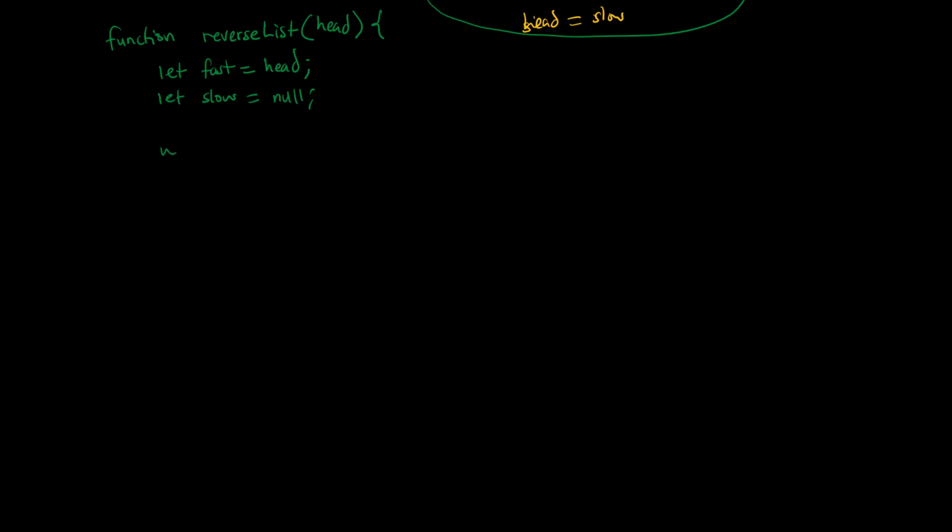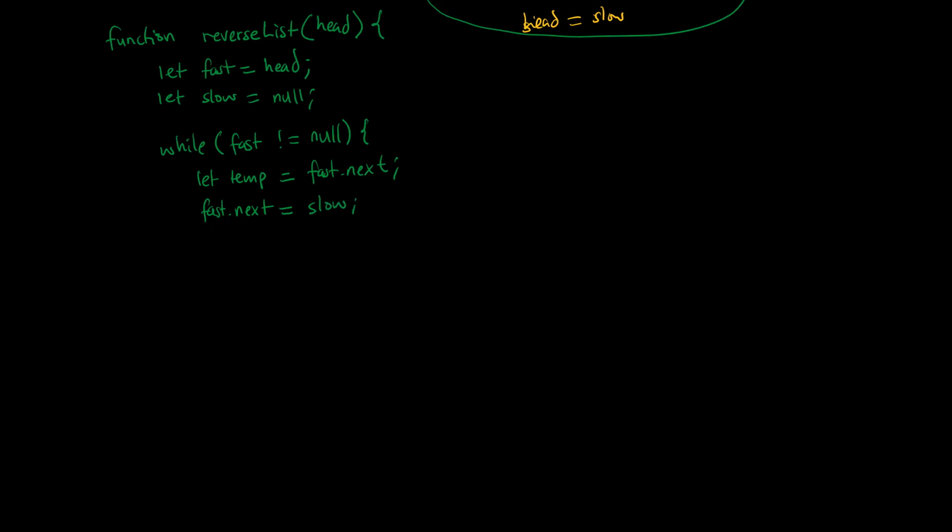And then we start a while loop. So while first is not at the end, so it does not reach the end, which is null, what do we do? We have let temp hold where first is going to go next. So first dot next, hold that point, and then now we can swap. Now we can say first dot next, let it point to slow, so it points backwards, okay.